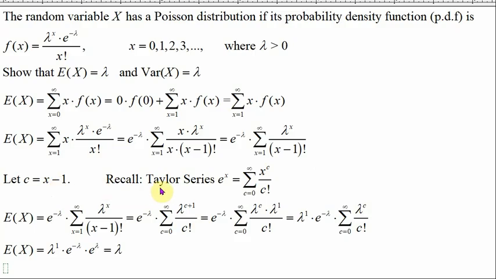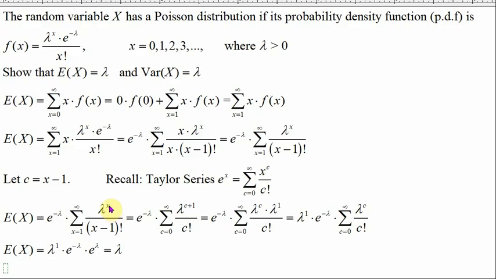Recall that from calculus, the Taylor series for e to the x is the infinite sum with c starting from 0, of the expression x to the c divided by c factorial. So this is the Taylor series expansion for e to the x.